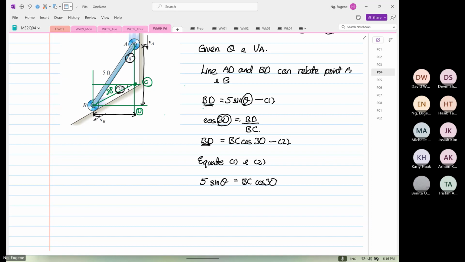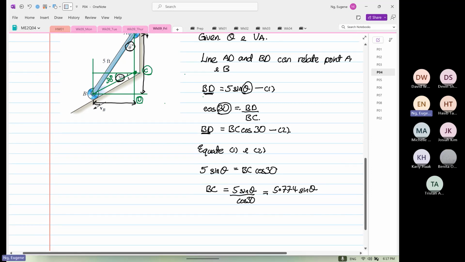Okay. So we know that BC is equal to 5 sine theta divided by cos 30. So this is equal to 5 divided by cos 30 is equal to 5.774 sine theta.